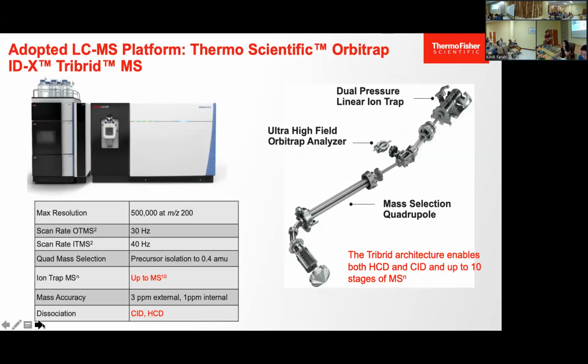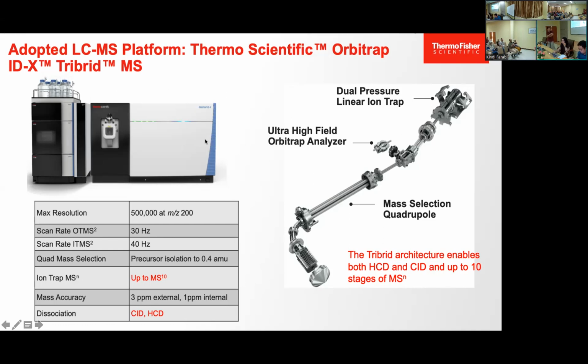This is the technology that we are using right now. It has a quadrupole section to do isolation, an Orbitrap section to give you the accurate mass, and an ion trap section to perform MSn.